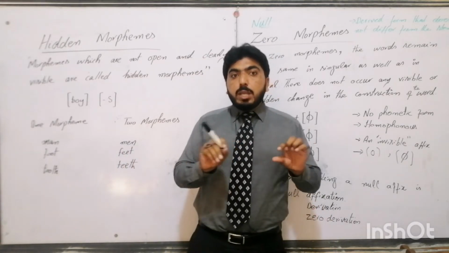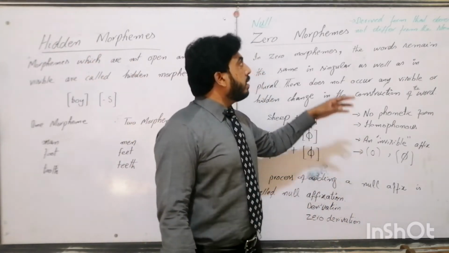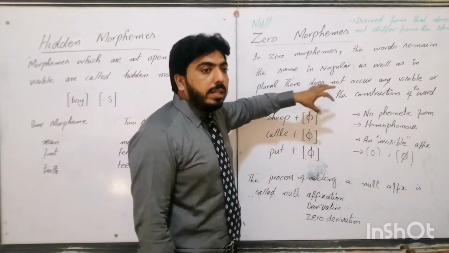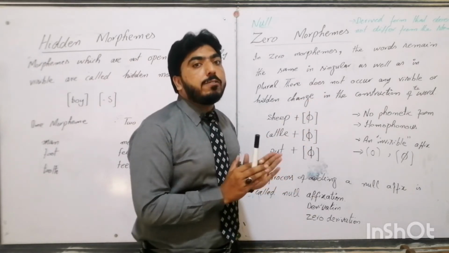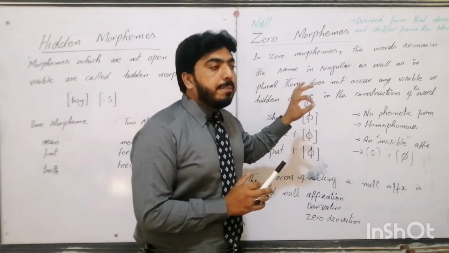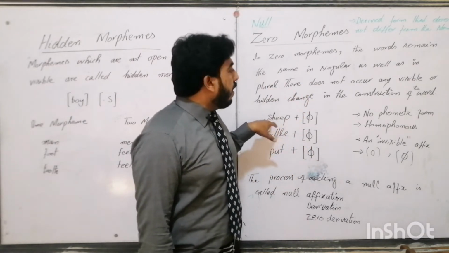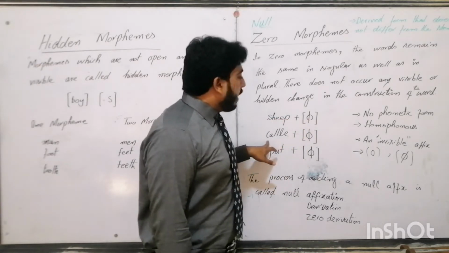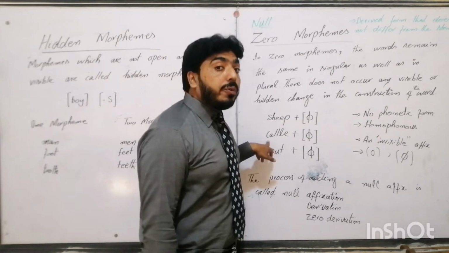So you need to keep in mind the difference between hidden and zero morpheme. In zero morpheme, the derived form has the same kind of form which was in the stem. Like sheep, this is the stem, but the plural form is also the same. Cattle, singular, the plural form of cattle is also the same.